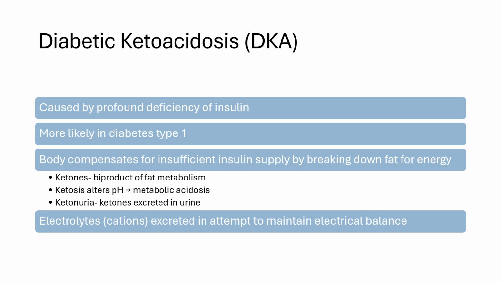So, some precipitating factors: illness, infection, inadequate insulin dosage, undiagnosed type 1 diabetes, lack of education, understanding or resources, insulin deficiency. The body burns fat as fuel, so the byproduct of fat metabolism is the acidic ketones that alter pH, so they have metabolic acidosis.